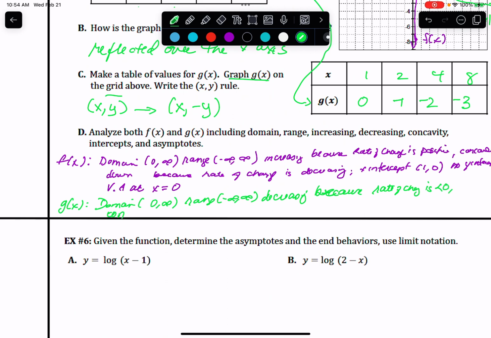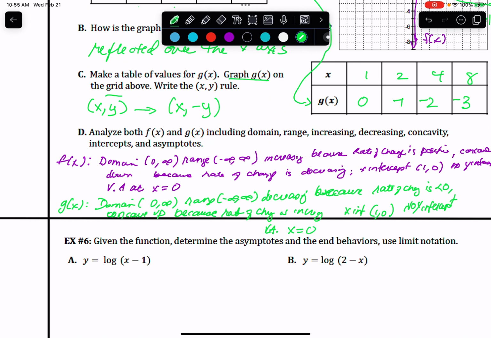It is concave up because the rate of change is increasing. The x-intercept is 1, 0 again. No y-intercept. And the vertical asymptote again is x equals 0.